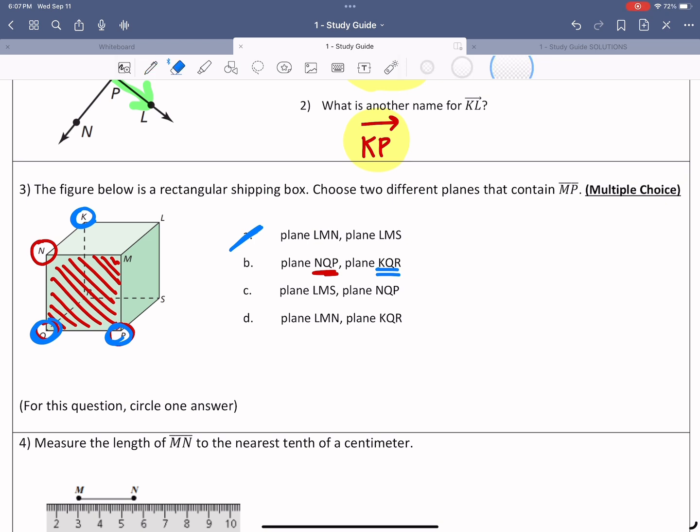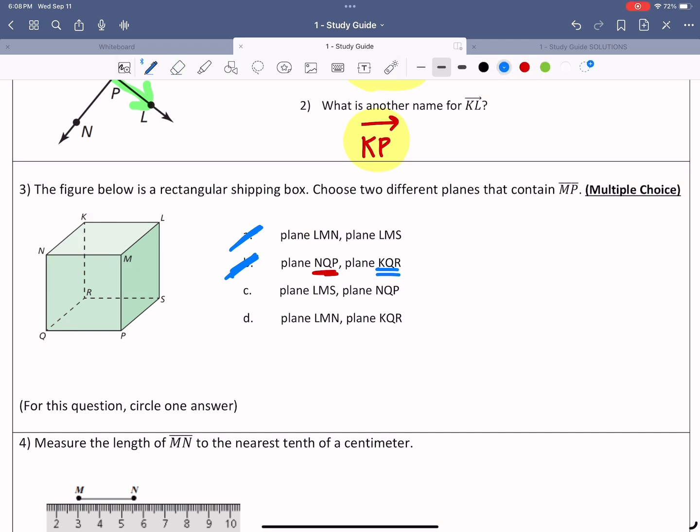I'm confused. Oh, that's not R. Sorry. K, Q, and then R are those three points. Again, these are going to be the planes, and the question is, does it contain this line MP? You can clearly see that the blue shaded region that I just marked does not contain that line. So unfortunately, this answer is also off the map. Sorry for the little bit of confusion there.